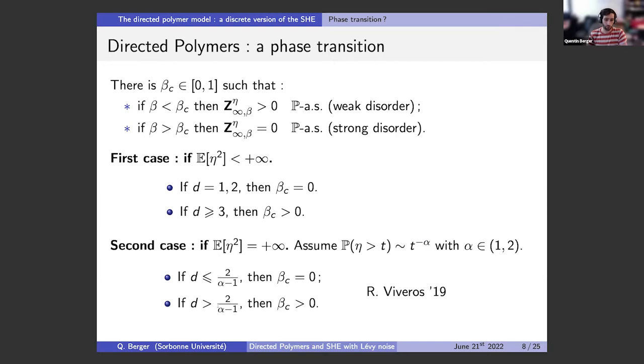And if the dimension is large enough, then you have a phase transition between weak disorder and strong disorder. If you take alpha equals 2, you recover the fact that if the dimension is 1 or 2, then the beta critical is equal to 0. And when alpha goes to 1, you have a critical dimension, and the critical dimension goes to infinity. So the smaller the alpha, the heavier the tail, the easier it is to be in the strong disorder phase.